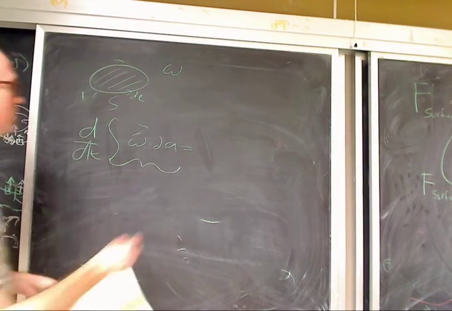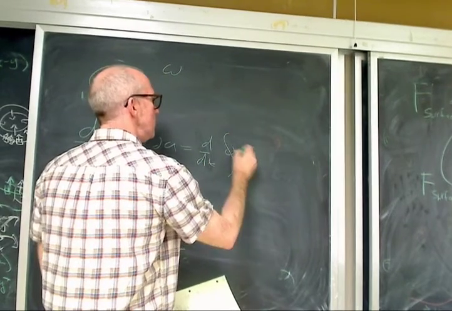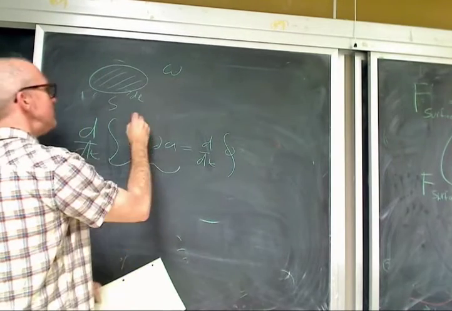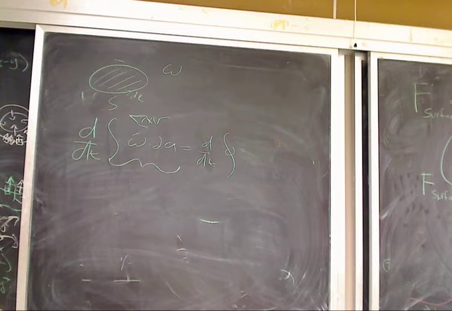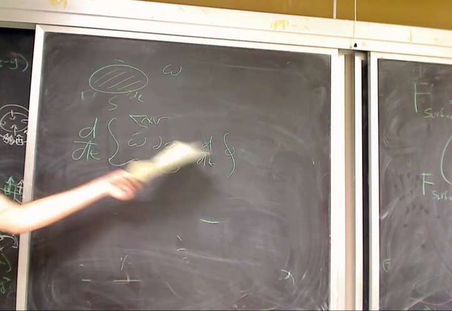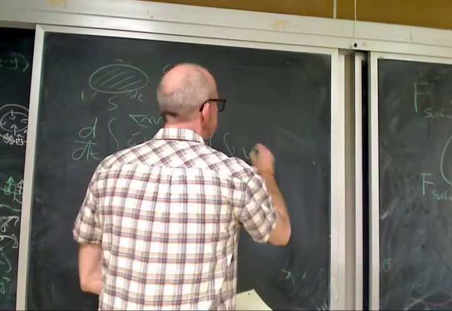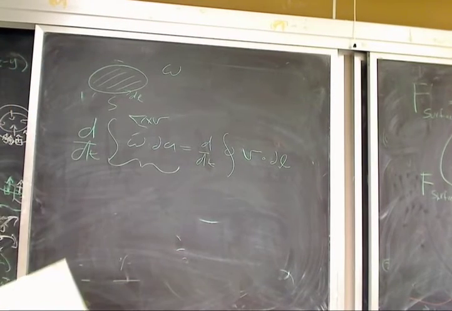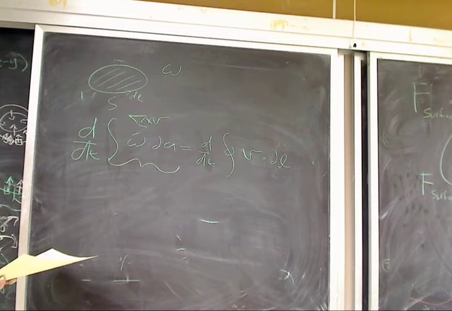So we use Stokes' theorem. Sorry, let me do this again. This is curl of V. I've got the curl of V on an area. How do I turn that into a line integral? The curl goes away. So I get the line integral of V dot dl. Same question. We're just going to do it with velocity instead, and it makes it a little bit tighter proof.